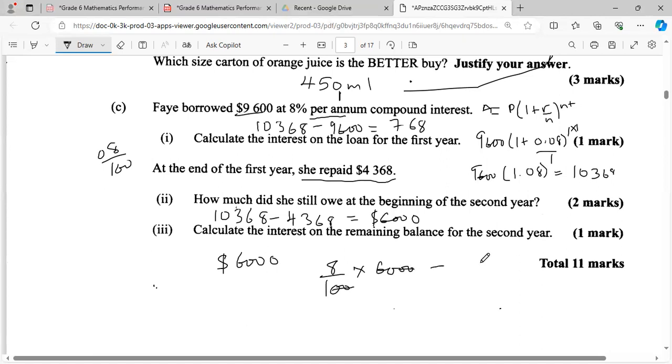So the interest on the remaining balance would be 480, on the $6,000 at 8%.